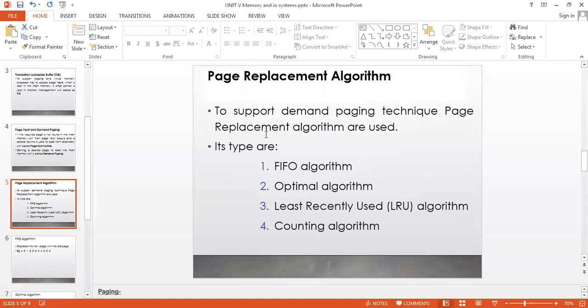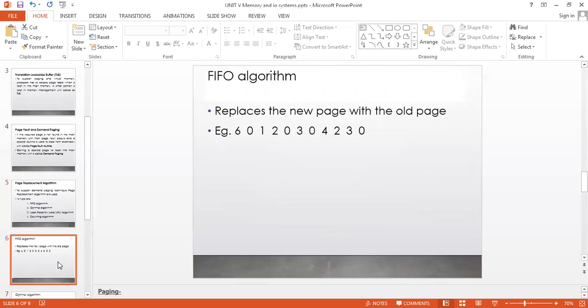Mainly we use FIFO, that is the first in first out algorithm, the optimal algorithm, the least recently used algorithm, that is the LRU algorithm, and the counting algorithm. The first in first out algorithm replaces the old page with the new page. Suppose we are loading pages 6, 0, 1, 2, 3.